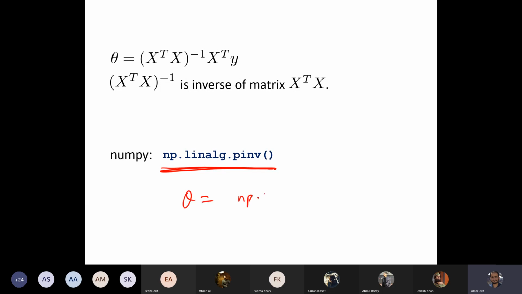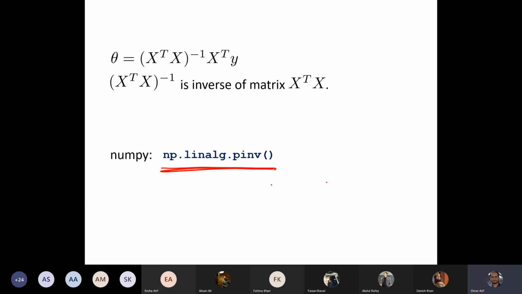You just need to do np.linalg.pinv(X) times y, which is going to give you the theta. Okay, I think it's not just X, you have to multiply with X transpose also. But anyway, this is for the lab.